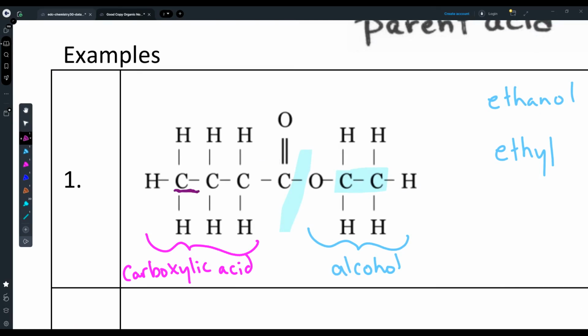I'm just going to underline it so this doesn't get too confusing with all the highlighting. This is where our parent chain would be for the part that comes from the carboxylic acid. I can see that there are 4 carbons in this part.